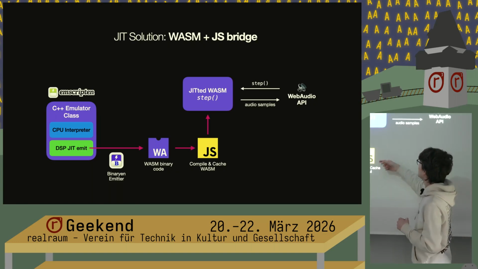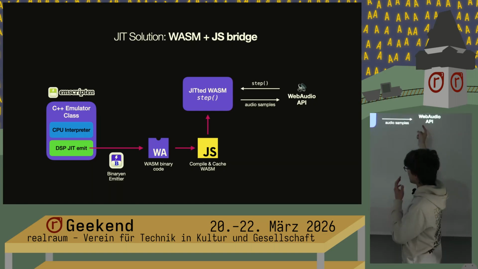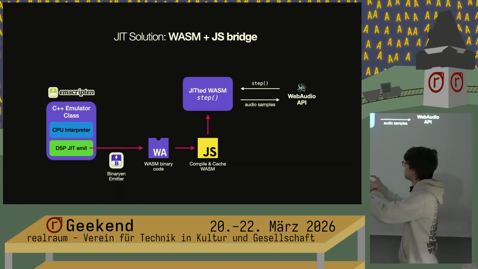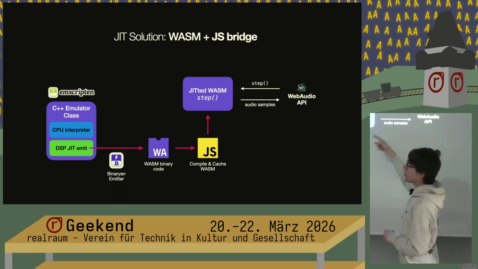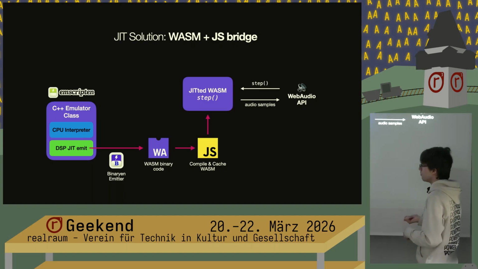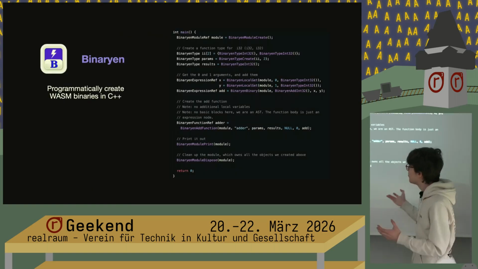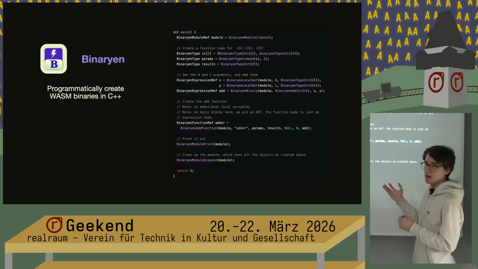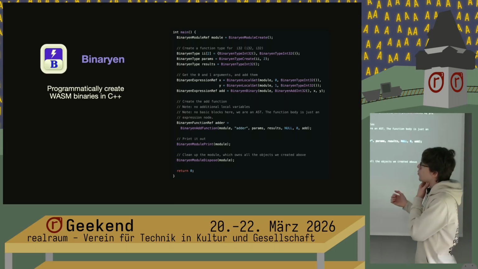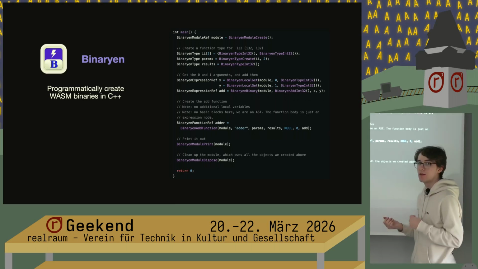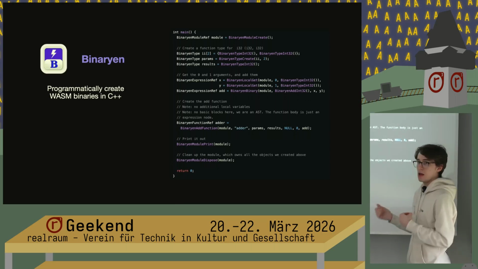And JavaScript then just runs that as another WASM block that the Web Audio API will then call in a loop to generate audio. And this was possible because Binaryen is a very nice library that basically everything is built upon, which allows you to programmatically create WASM binaries in C++.